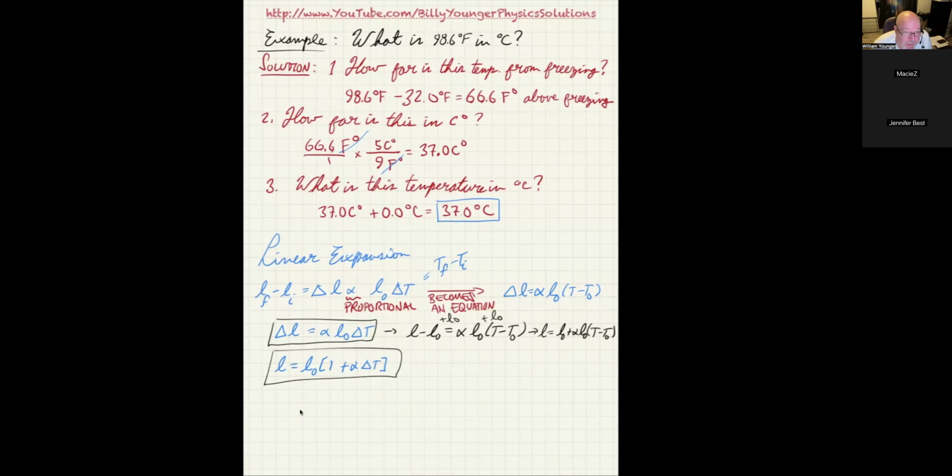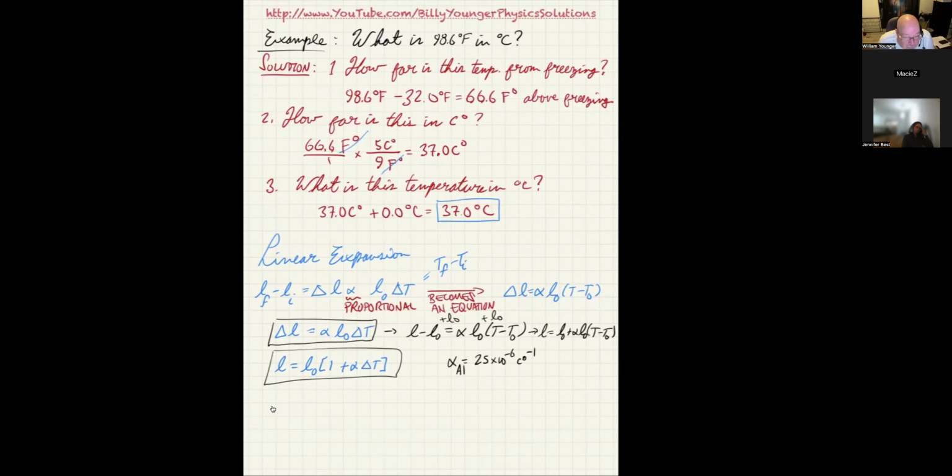And you'll notice right there in section 17.4, there's actually a table of coefficients of linear expansion. So the table of coefficients of linear expansion gives you stuff like alpha for aluminum is 25 times 10 to the negative 6 reciprocal Celsius degrees.